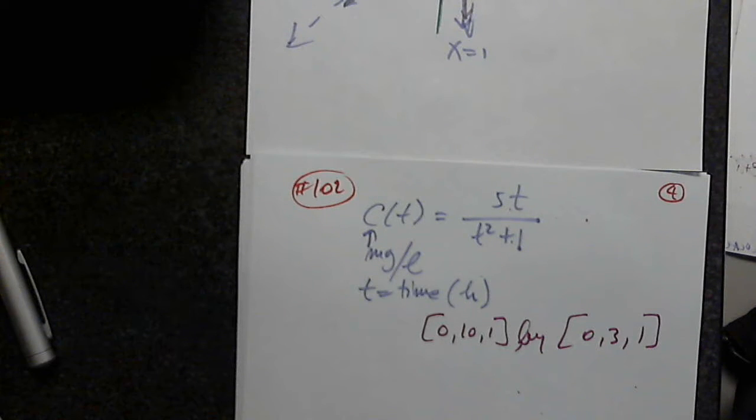Now here's part B. Use the function's equation. Oh, part A, I'm sorry. Use the graph to obtain a reasonable estimate of the drug's concentration after 3 hours. One, 2, 3 hours.